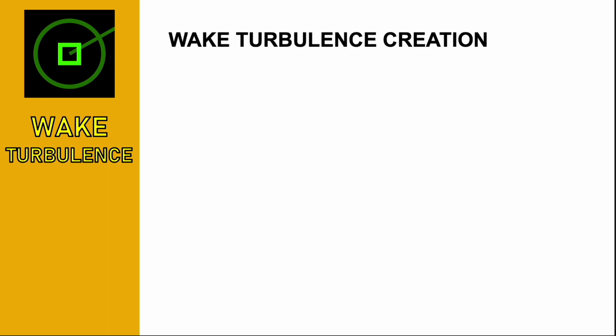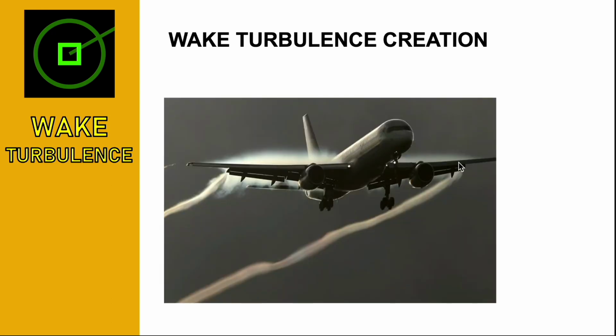So this is the first important concept, the wake turbulence, because it directly affects our sequences. So what is the wake turbulence? The wake turbulence is the unstable air that is created in the vortex of the wings, and this is created because the air that is passing below goes with a higher pressure than the airflow that is going above the wings.